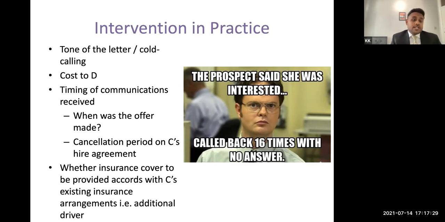or receipt by the claimant, which can help bolster the fact that the claimant was in fact in receipt of the letter by point Y, at which point a defendant insurer will inevitably say that it was reasonable to decide and choose the intervention offer that's been provided.